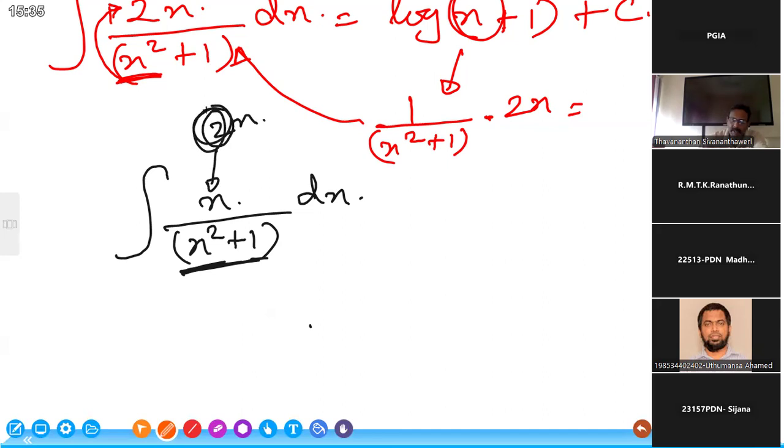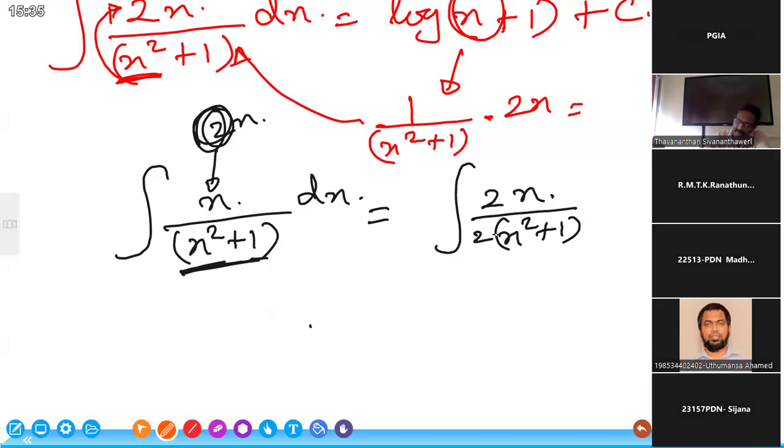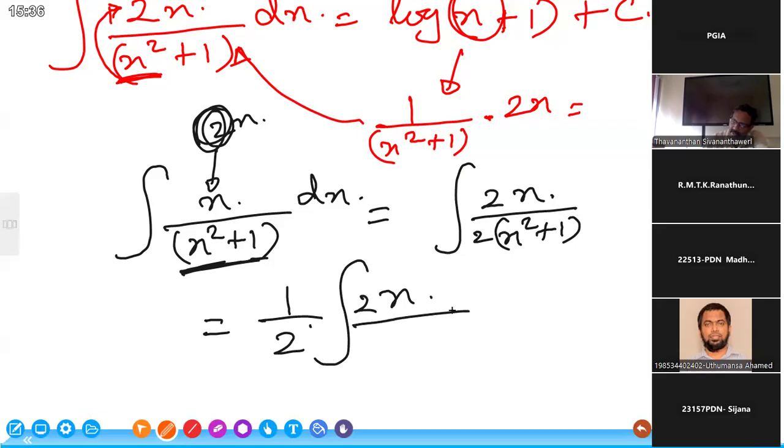So what is this 2? This 2 is a number, a constant, so we can add that constant. We can write this as 2x divided by x square plus 1, into 2, as an example. That is the same as half into the integral of 2x divided by x square plus 1 dx.